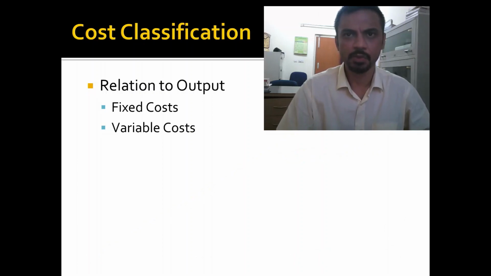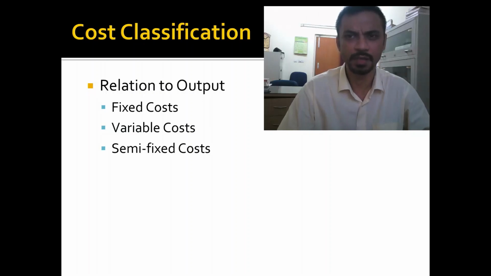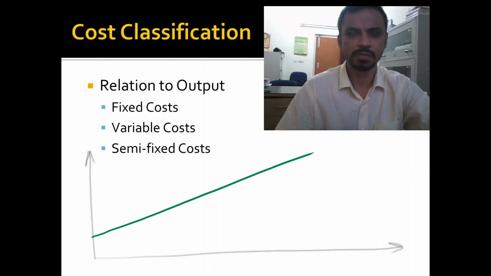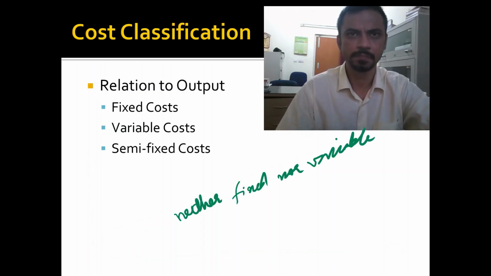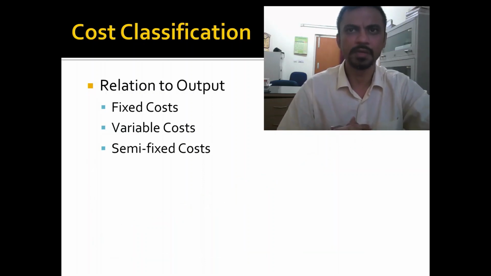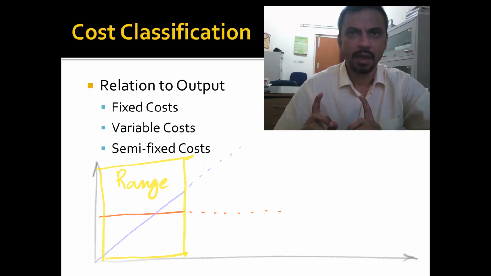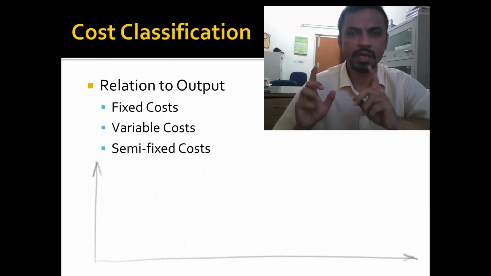Sometimes we also see terms like semi-fixed or semi-variable or mixed costs, all of which mean neither fixed nor variable. The line would look somewhat similar to this. An important aspect to remember here is that the characterization of costs into fixed or variable is determined over a range and is valid only over that relevant range.